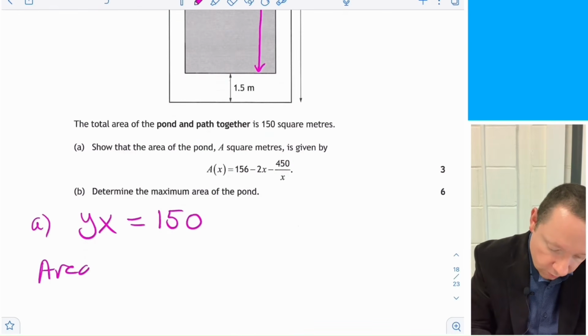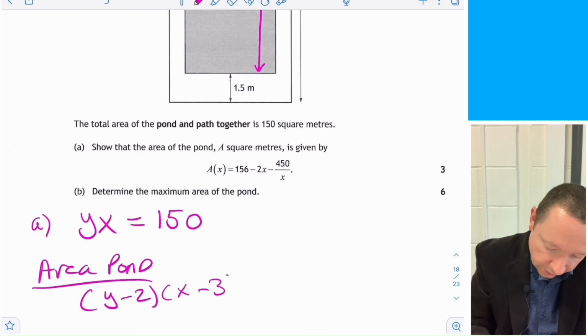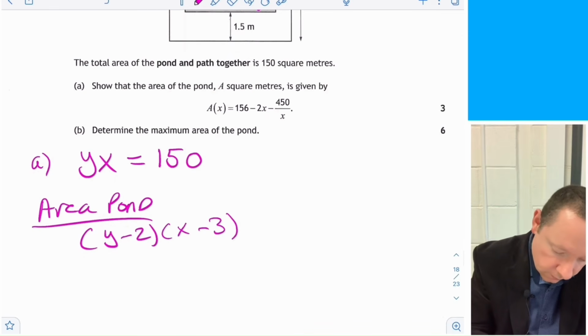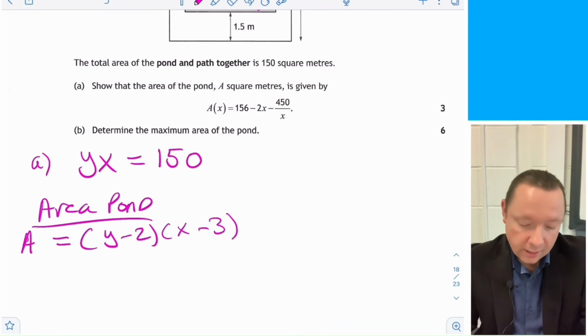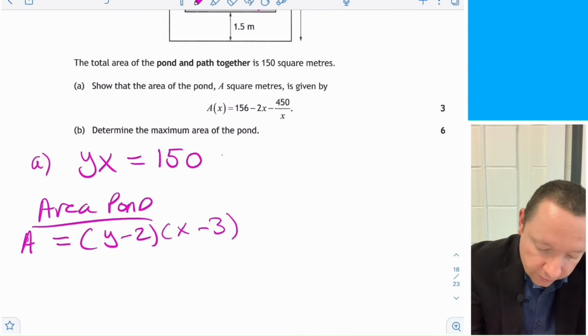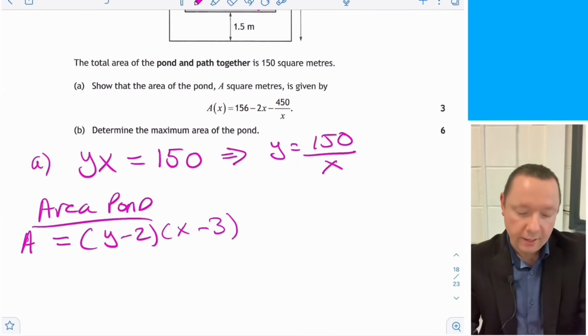So the area of our pond, y minus 2 times x minus 3, we'll call that A. Now notice there's y in here, but our question doesn't have any y's, but we know that y times x equals 150, so y is 150 over x. Keep that in mind because we can substitute that in for y later on.